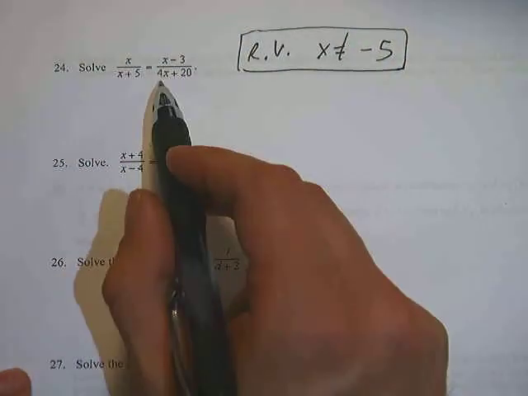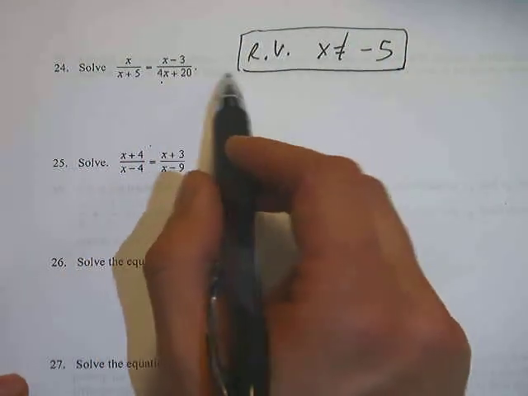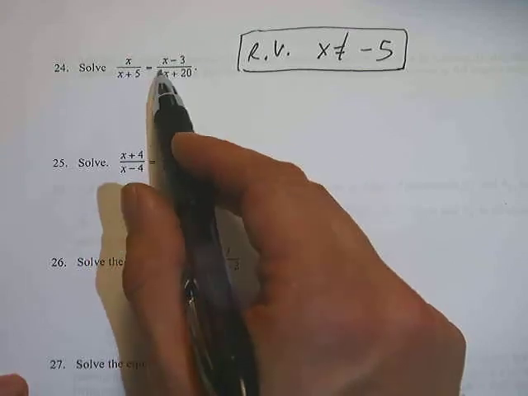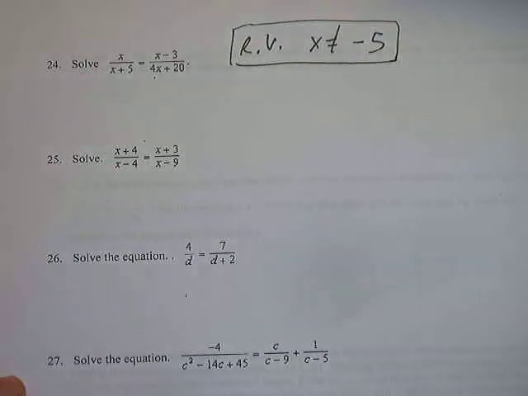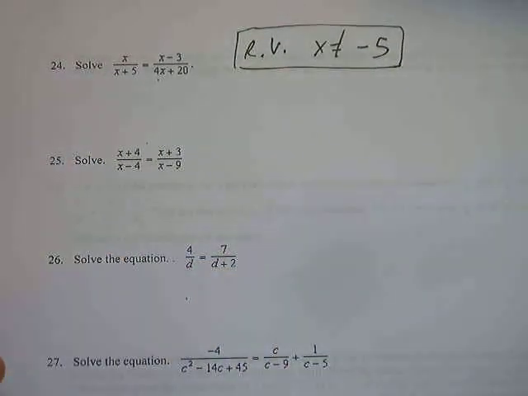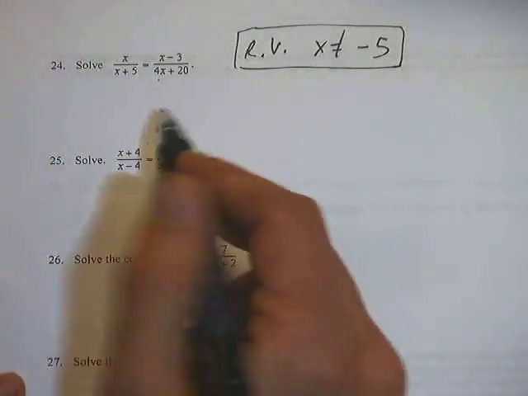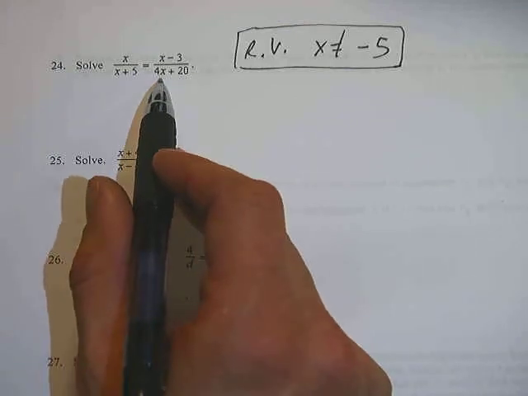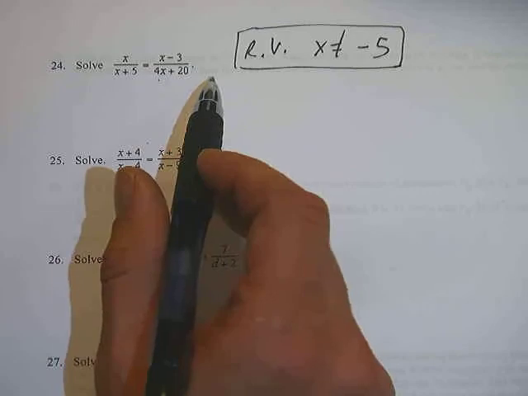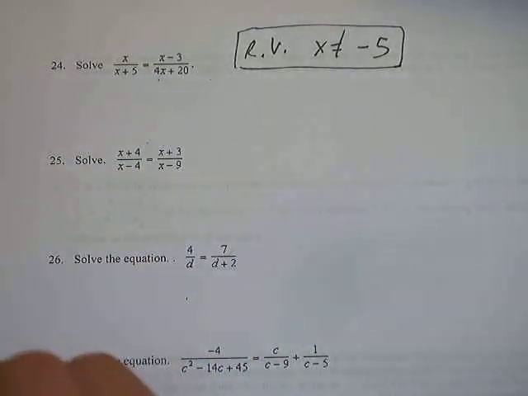Remember, you set this whole denominator equal to 0. So if you set 4x plus 20 equal to 0 and solve, you get x equals negative 5. It's whatever you plug into x that turns the denominator into 0. So in both cases, it's negative 5.